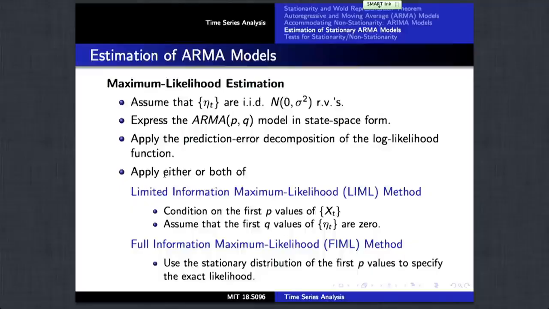But then we can apply limited information maximum likelihood, where we just condition on the first few observations of the data and maximize the likelihood. Or not condition on the first few observations, but also use their information as well and look at their density functions, incorporating those into the likelihood relative to the stationary distribution for their values.